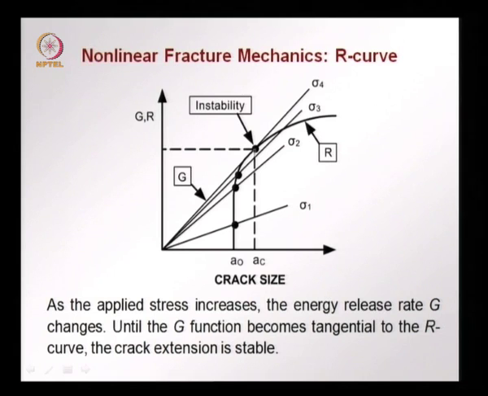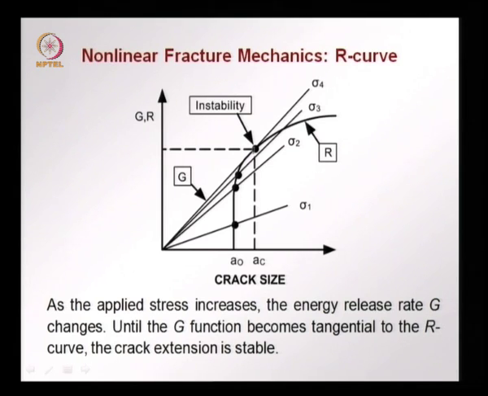So, at the point where we have the G and the R curve meeting and the G curve is tangential to the R curve, instability starts. Any further increase in stress will cause a sudden increase in crack length and we will have failure. Until this point, the crack can propagate in a stable manner, keep increasing, encountering more resistance and stopping.